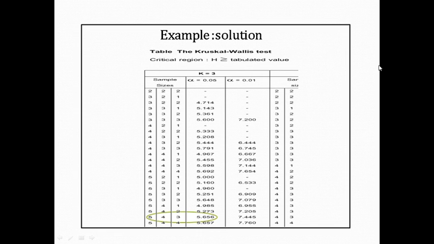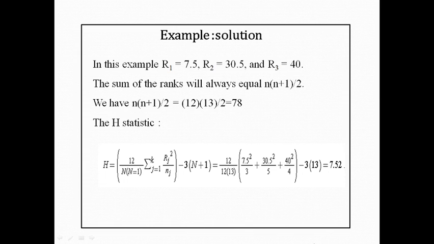Tables for k equal to 4, k equal to 5 and so on are also available. Here alpha is 0.05, and n1 is 3, n2 is 5, and n3 is 4, so the sample sizes are 5, 4 and 3. Their table value is 5.656, and our calculated value is 7.52.